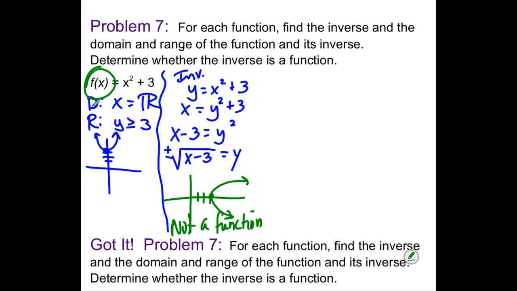And if they ask why, if it says explain why, you would say what? Fails vertical line test. Okay? What would my domain and range be for the inverse?